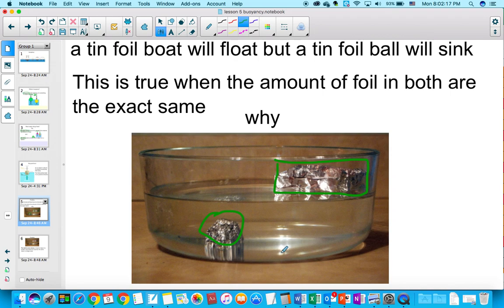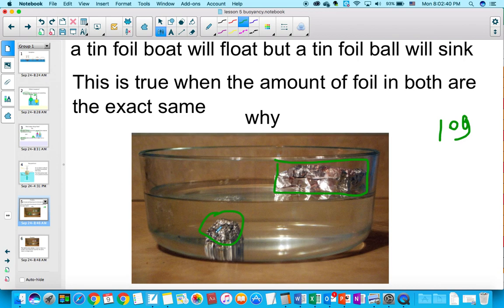If you weighed the boat, it would have the same mass as the tin. So let's just say they both weigh 10 grams. Okay, they both weigh 10 grams, but for some reason, the boat's going to float, but the ball's going to sink.